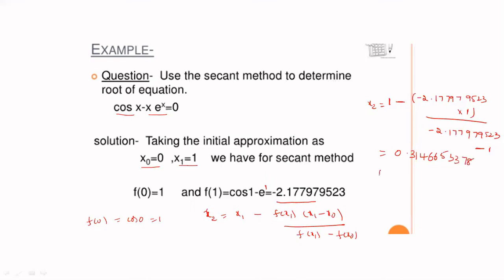Next, immediately find out f of x2. F of x2 is 0.519871. Using this, you find out x3. X3 is equal to x2 minus f of x2 into x2 minus x1 by f of x2 minus f of x1.